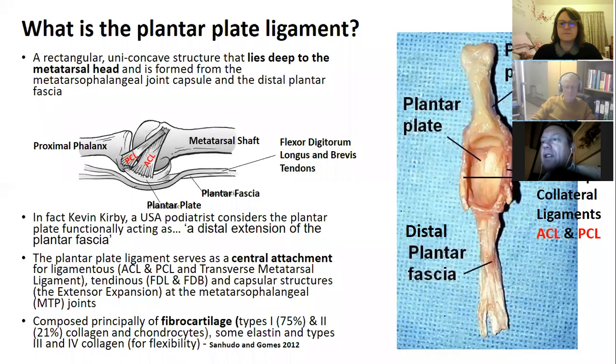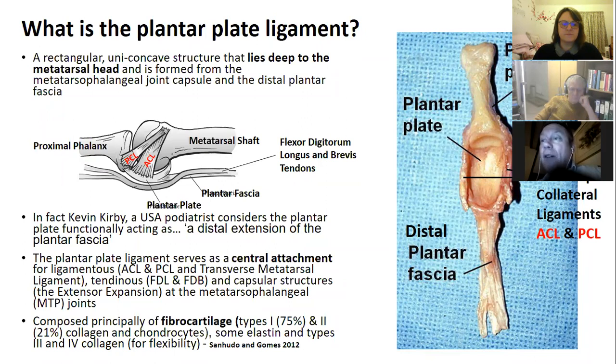And also look at the walls, if you like, around it, which are formed by these two major ligaments, which if we then look at the diagram on the left-hand side, we can see these two ligaments, the PCL and the ACL, the proper collateral ligament and the accessory plantar ligament, and they form like a wall, a box, in which the metatarsal head sits.